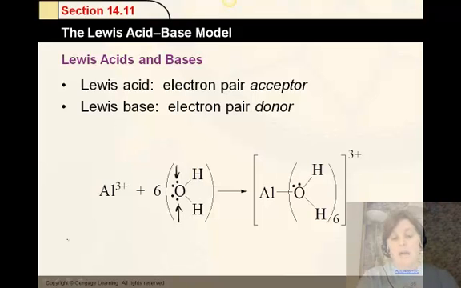When something has a couple of pairs of electrons, you can notice in the final model it has bonded to aluminum with no problem. You can see what happens. Aluminum has taken in the electron pair, and because water has an electron pair, it can donate. So in this case, this is considered a Lewis base, and this is a Lewis acid.